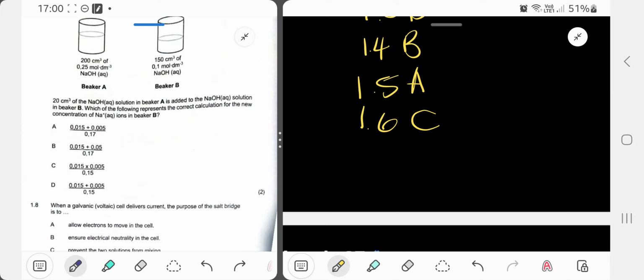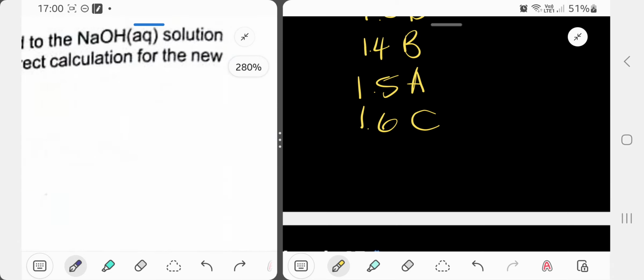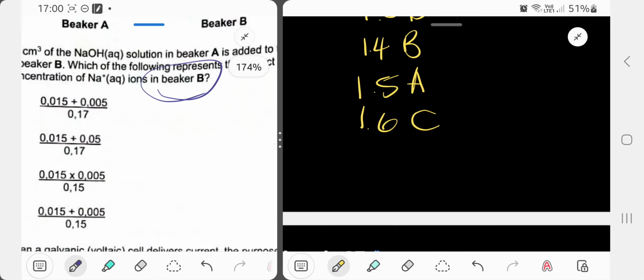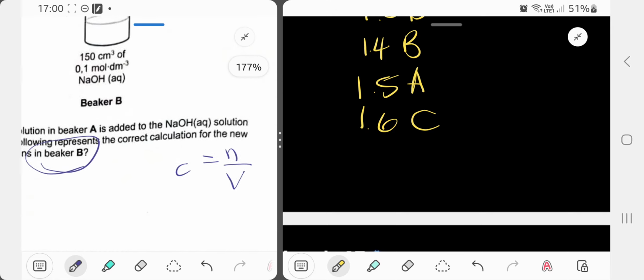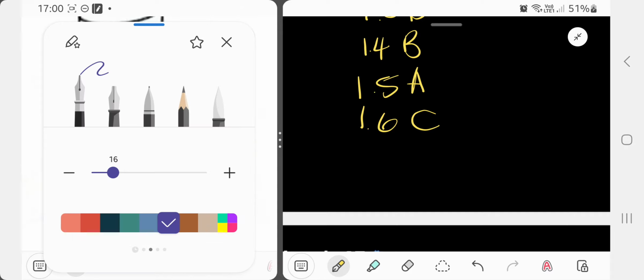Which of the following represents the calculation for the concentration of Na plus ions in the beaker? All right, so let's understand something, guys. Remember that concentration is equal to number of moles over the volume. But they're saying in beaker B. And remember that beaker B is made up of itself, which was already here. Let's just say this is beaker B. And then now we added something.